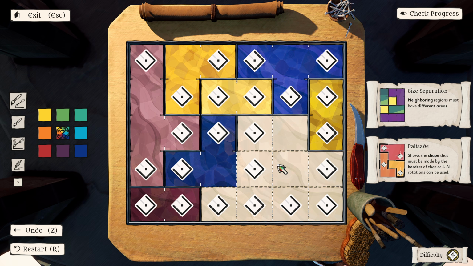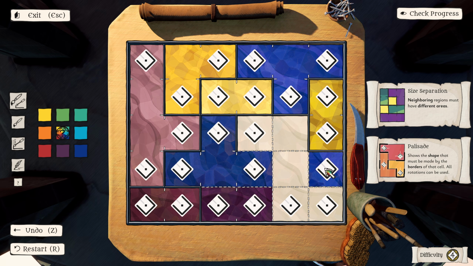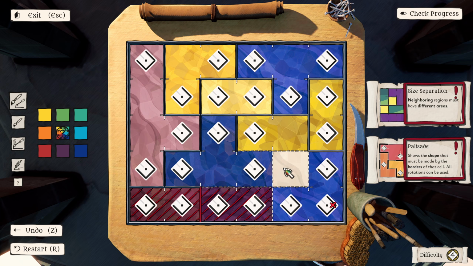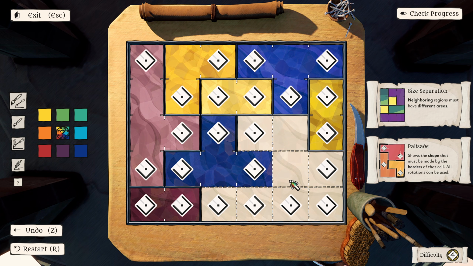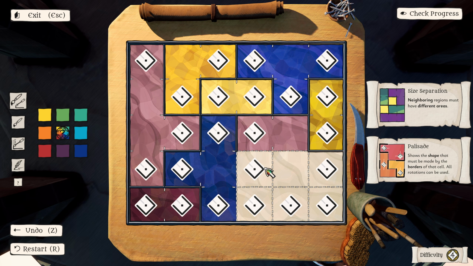How far back is my potential mistake? That's a great question, because we've been here for a little while now, and I thought I was doing okay. You must go that way or that way.